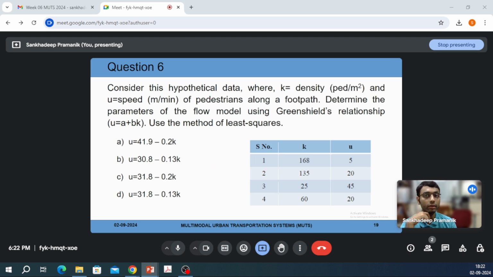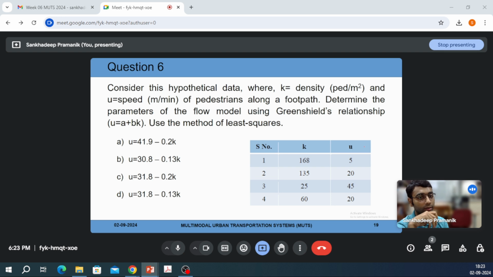Next is consider the hypothetical data where density and speed of pedestrians along a footpath are given. Determine the parameters of the flow model using green shield relationship, that is U equal to A plus BK. Use the method of least square.